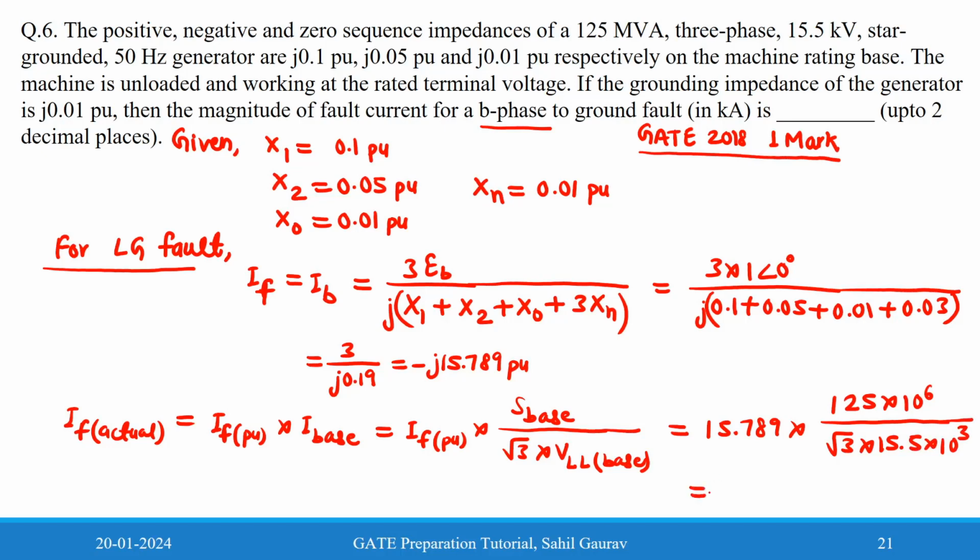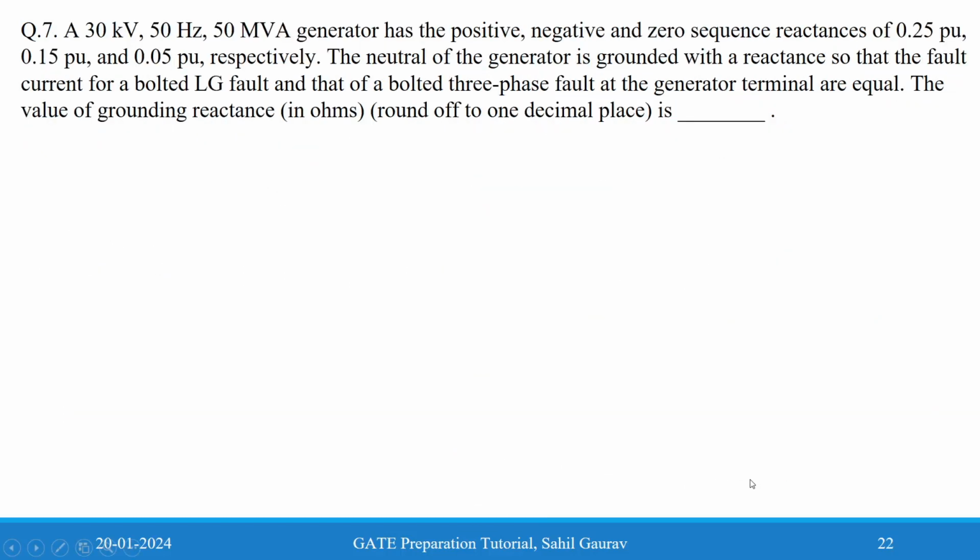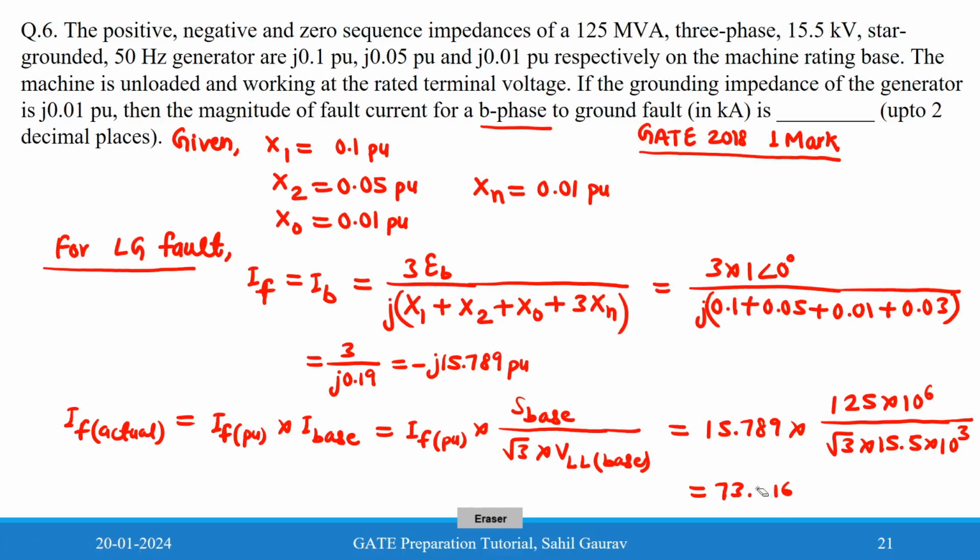It is coming as 73.51658. If you round up to two decimal places, it is 73.52 kilo ampere. So the correct answer is 73.52.